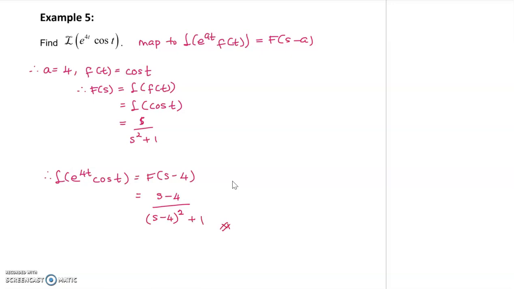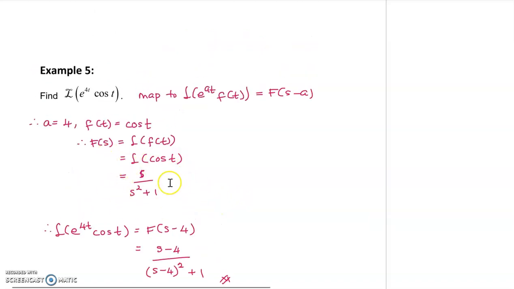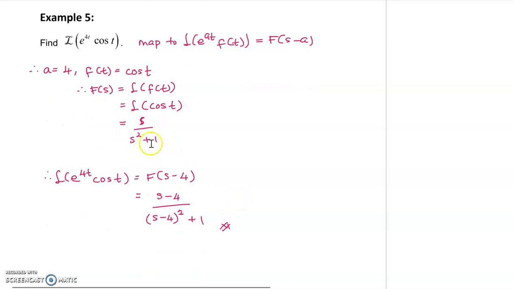By looking at this term F(s) here, if you know your F(s), then you can find F(s minus a), which is s minus 4 in our case. So that's how we use the first shifting property. In the next video, we are going to proceed to the third property, which is the multiplication by t to the power of n.